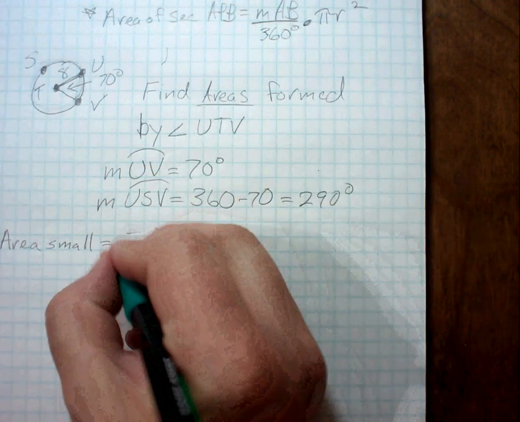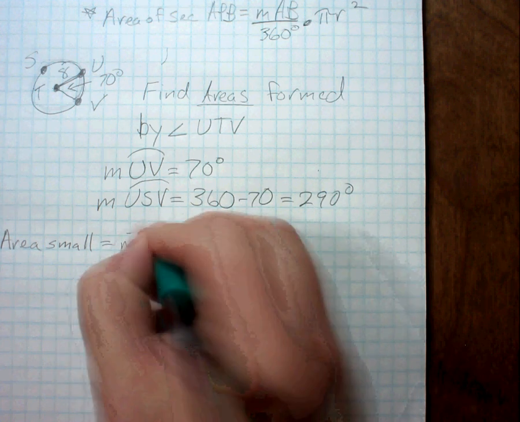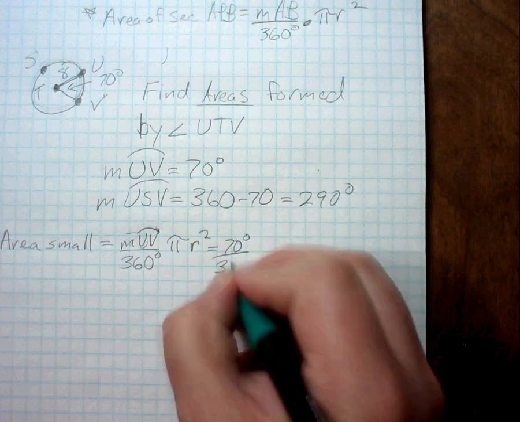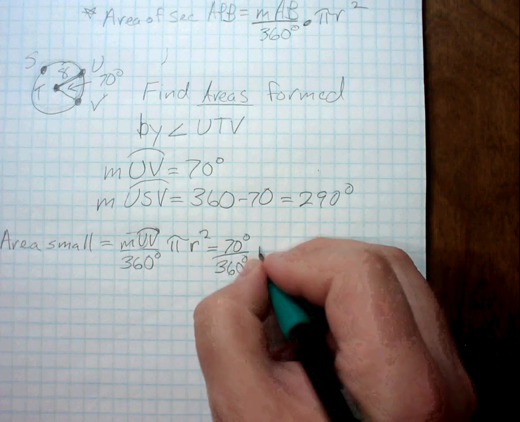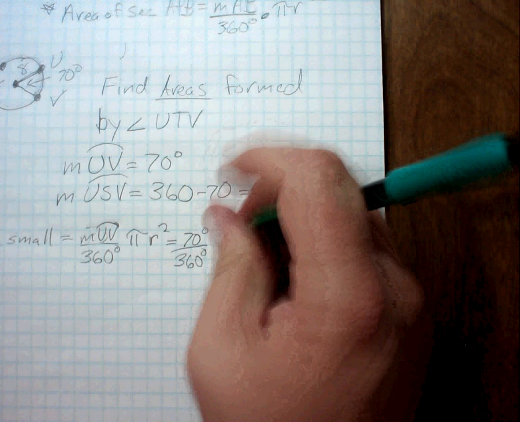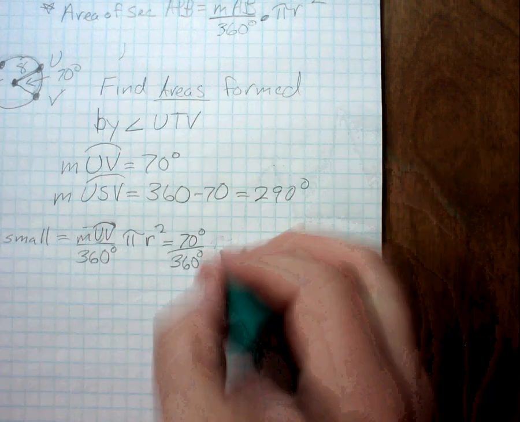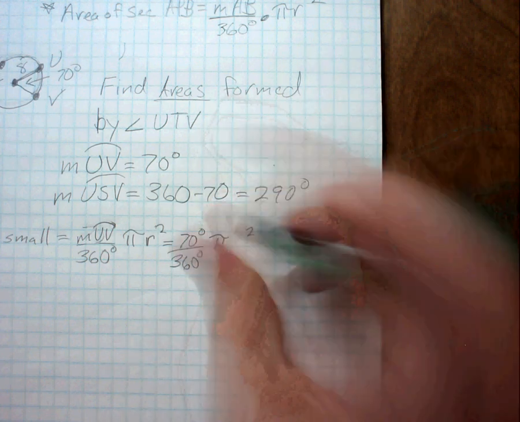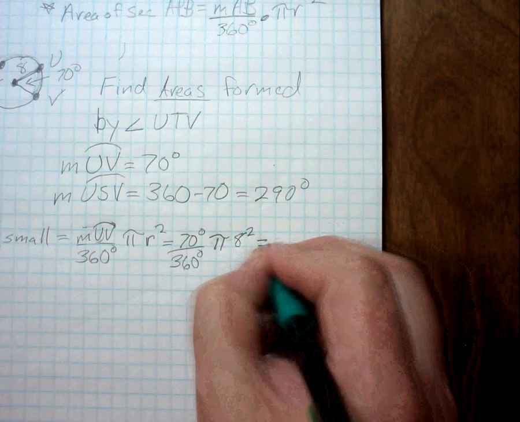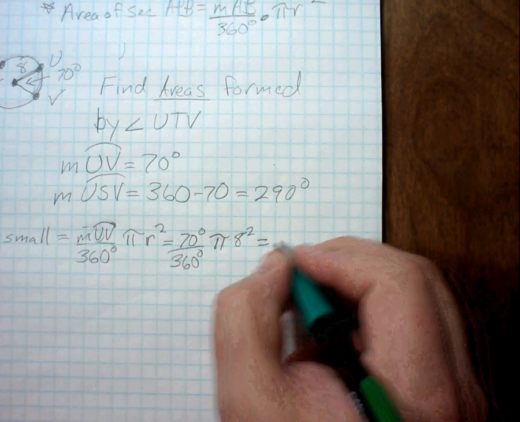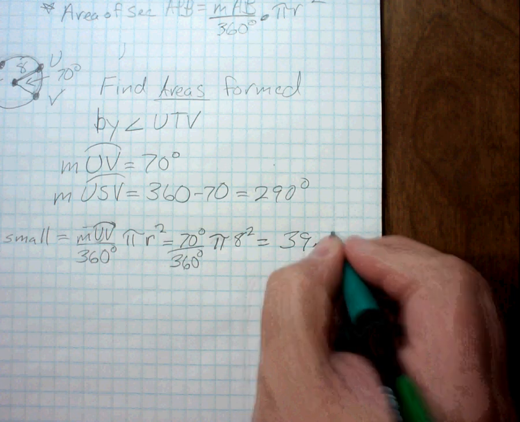I'm going to say the measure of UV, and then in the next line I'm going to get 70 degrees over 360 times pi times r squared. Oh wait, that's 8. Now if I plug all that in the calculator, it's 39.10.